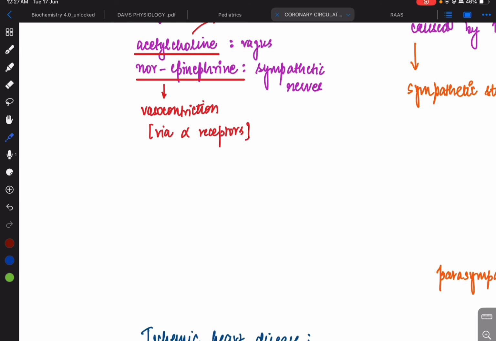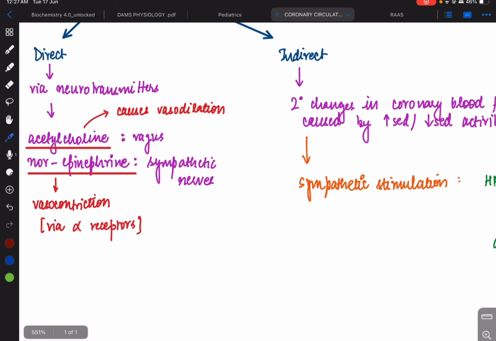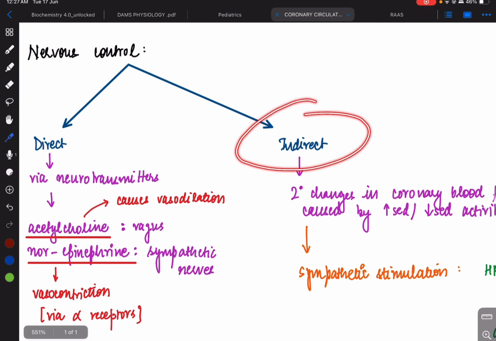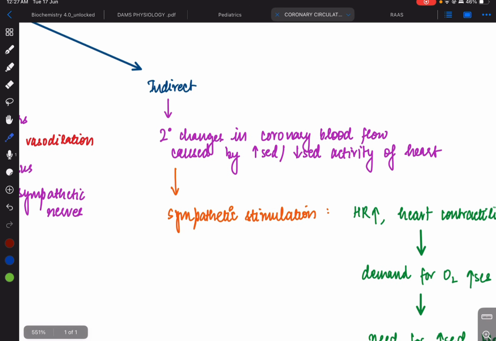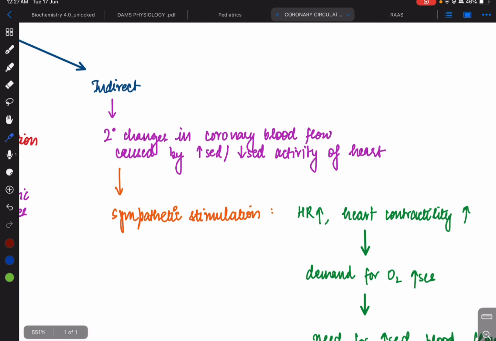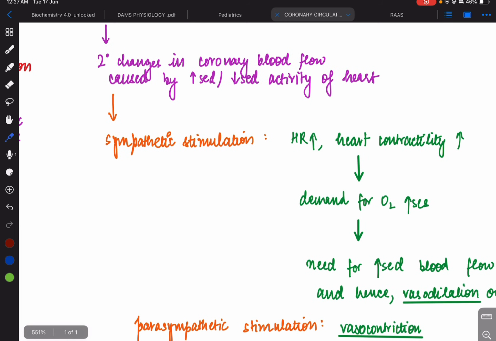in the autonomic nervous system. So getting on to the indirect nervous control, we can say that the indirect nervous control occurs via secondary changes in coronary blood flow caused by increased or decreased activity of the heart, right? So let us understand it in more detail. Whenever there is any kind of sympathetic stimulation, we know that the heart rate as well as the heart contractility both increase, right?